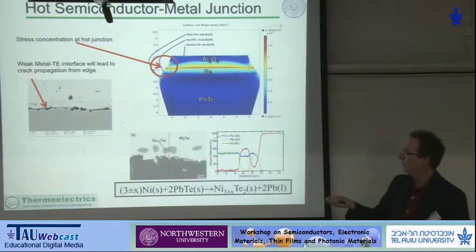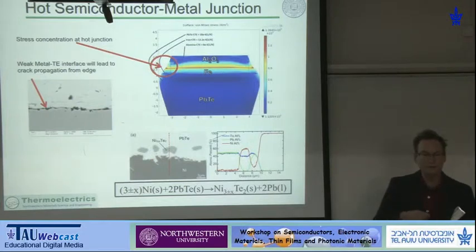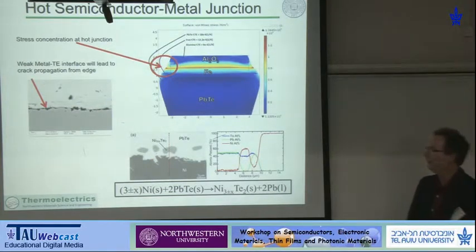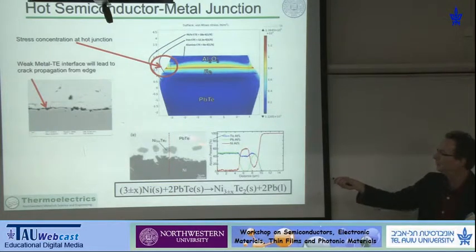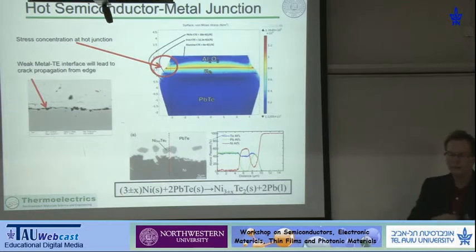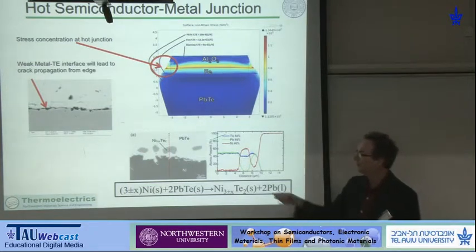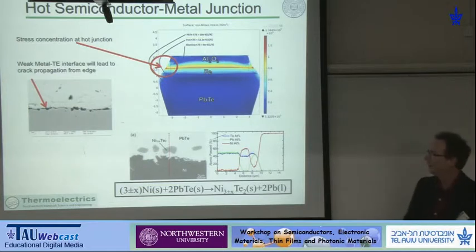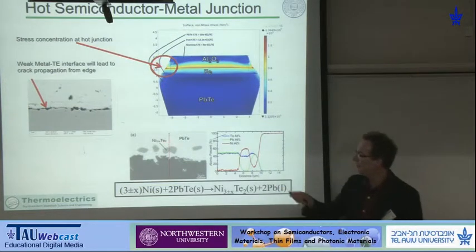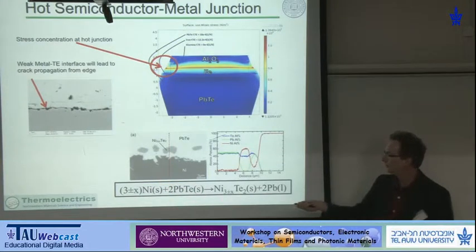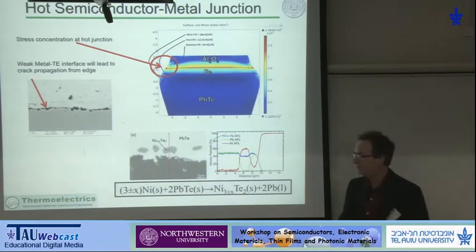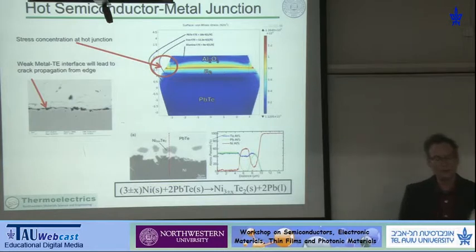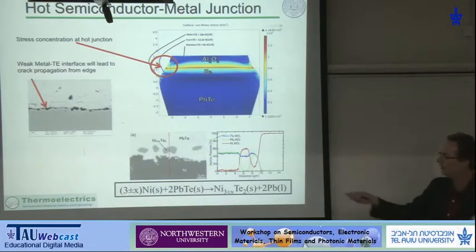For example, there was a lot of discussion of using nickel as a diffusion barrier in these telluride thermoelectric materials, but we've noticed by putting nickel foils, pressing them on lead telluride and annealing at high temperature, we see not only the formation of nickel telluride intermetallic phases, but that the reaction proceeds via a reduction of the lead to lead liquid, which then interdiffuses into the nickel foil and makes a bit of a mess.